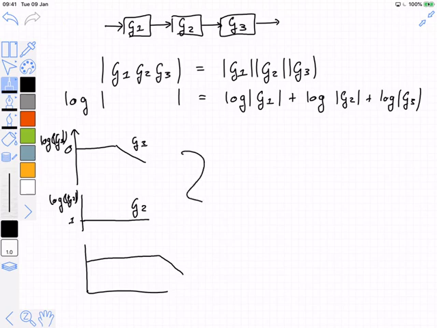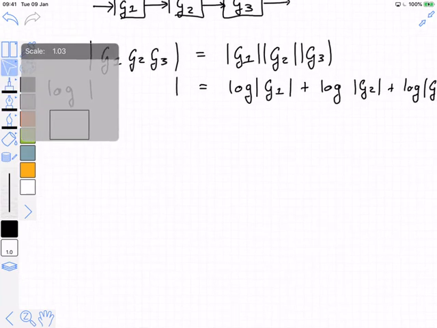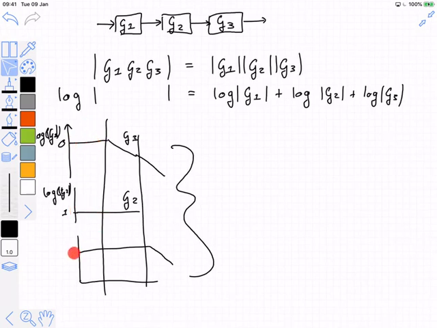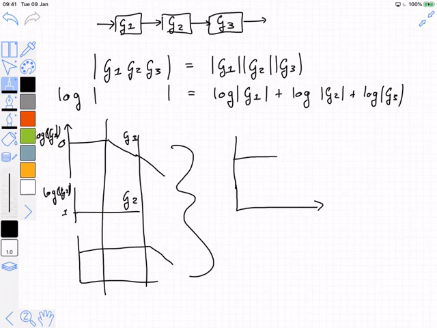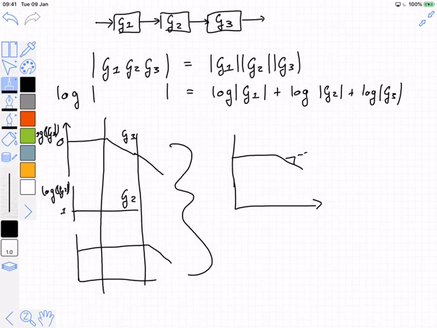I can very easily picture what that product will look like because I can reason through these straight line parts. So I can say, in this region, I've got a straight line plus a straight line plus a straight line, right? And that will give me a straight line. In this region, I have a -1 per decade down, plus a straight line, horizontal, horizontal, which means I'll have a -1 per decade over here.